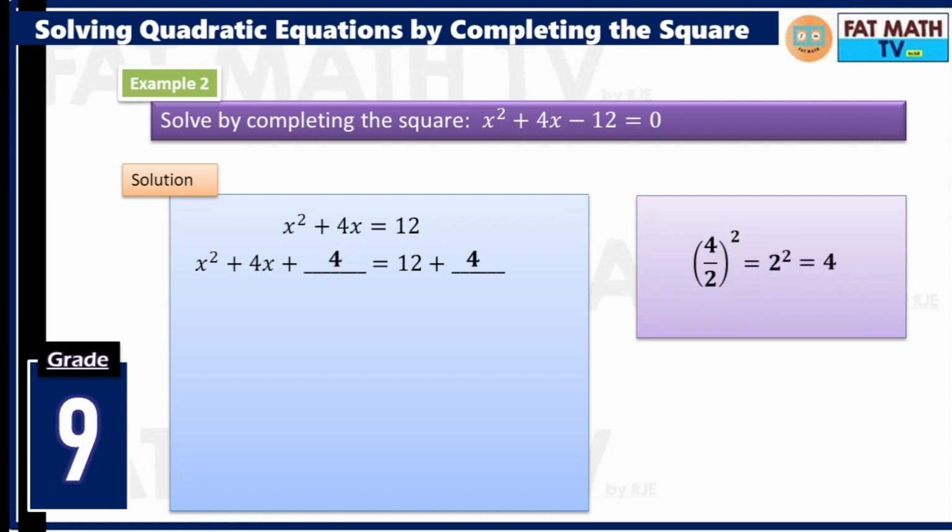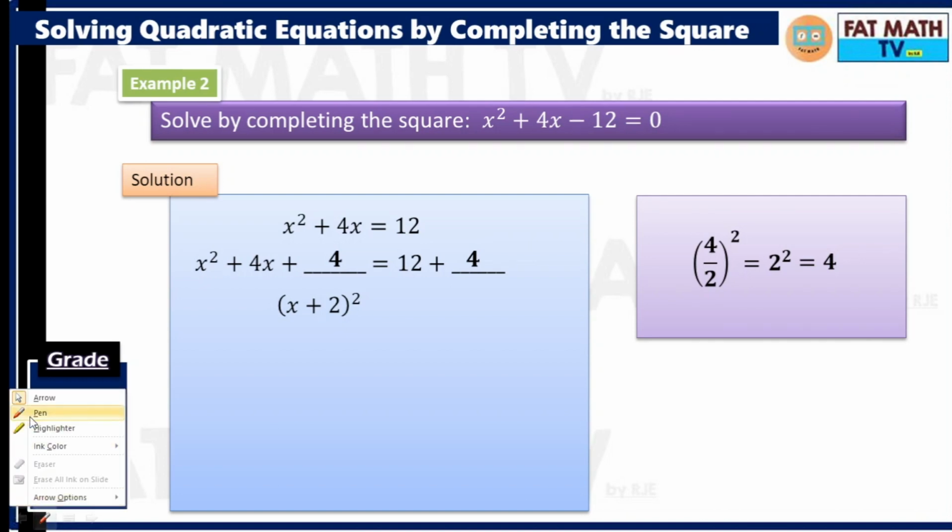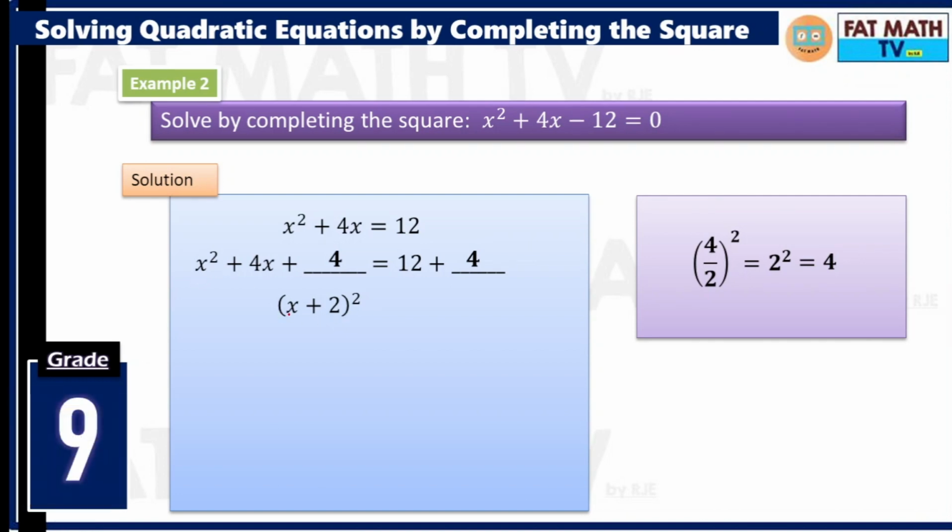So you have to add 4 to both sides of the equation. And then factor x squared plus 4x plus 4. That is x plus 2 squared. So that's going to be easy because this is always a perfect square trinomial. Just take the square root of the first term here, x squared. The square root of x squared is x. And the square root of 4 is 2.